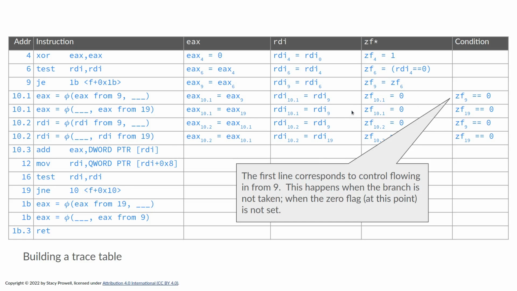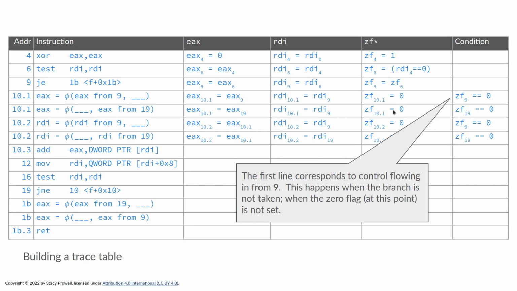Curiously enough, I know that the zero flag is 0 at this position. How do I know that? Well, I jumped if it was 1, so it's 0 here. The zero flag is 0 here because I didn't jump. And I know the condition associated with coming in here. I know the zero flag can't be 1 because the 2 paths that bring me here both have the assumption that the zero flag is clear.